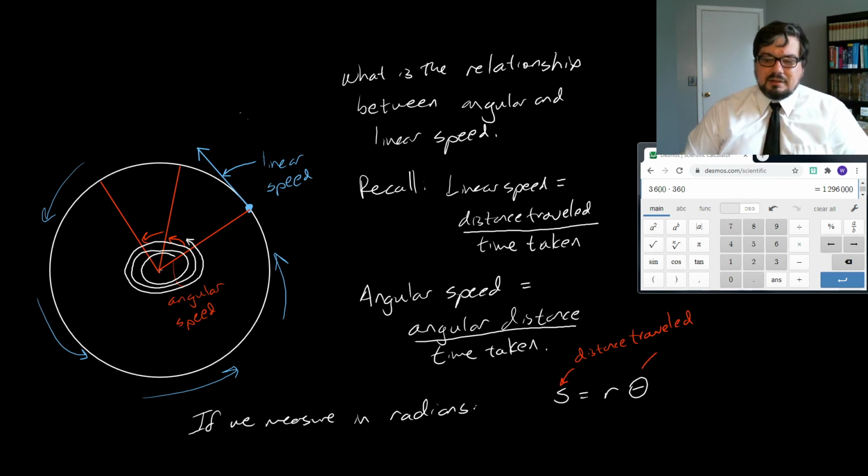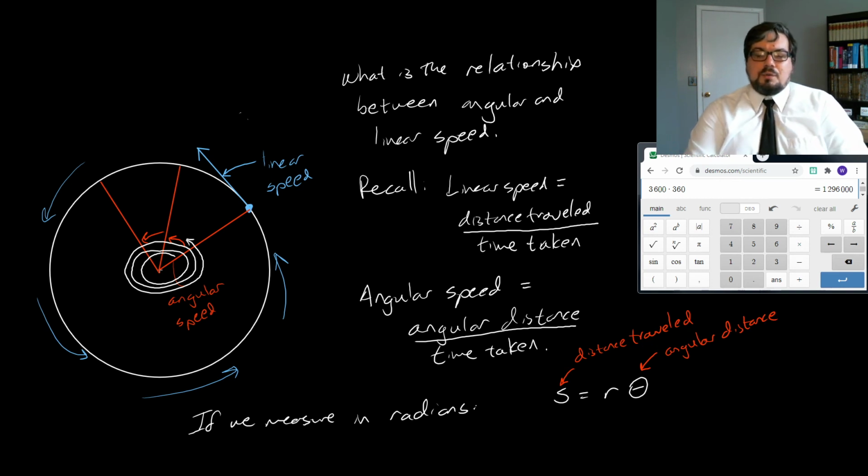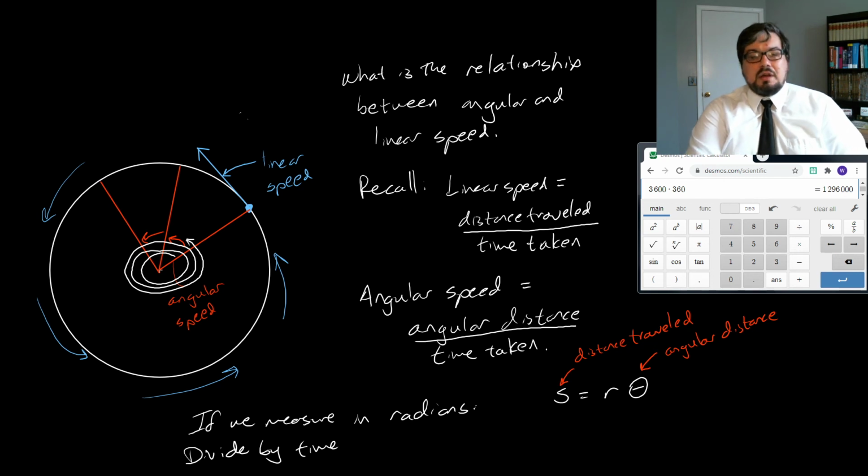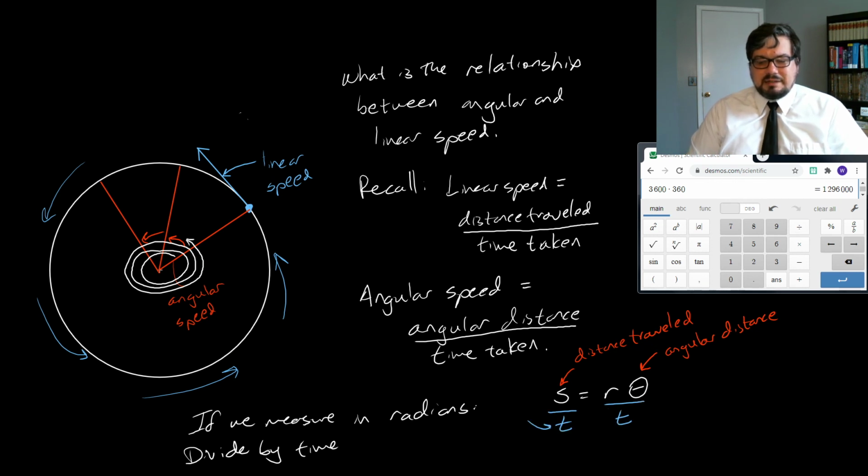And theta would be the angular distance traveled. So we already have an equation that relates a couple of the quantities that we care about here. What we do now is we divide by time. We divide by the time taken to travel a certain distance. And so we divide both sides by t. So t here is going to be time taken.